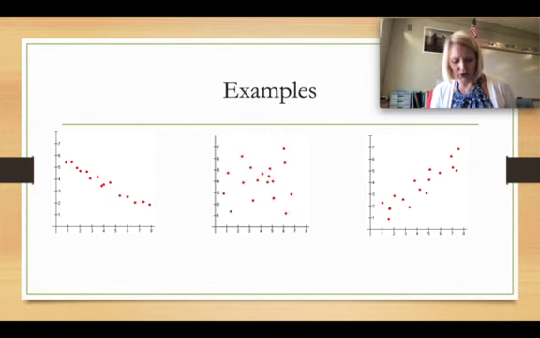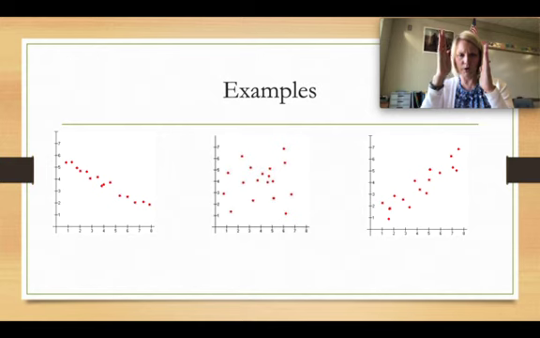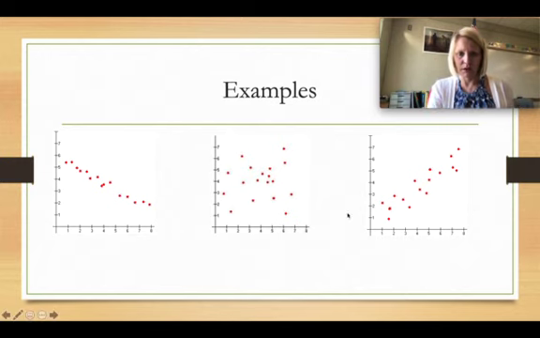What about this correlation? The longer children were breastfed, the greater their later academic achievement. So the longer the children were breastfed, the greater their academic achievement. As one goes up, the other goes up. So I hope you're saying with me, this is a positive correlation because both are trending upward. That's this one on the right. This one, there's no correlation here.